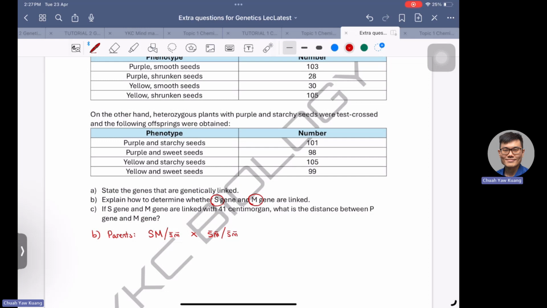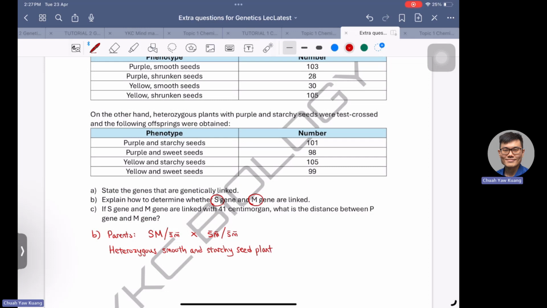You will take a heterozygous plant that has big S, which is smooth, and big M, which is starchy seed.